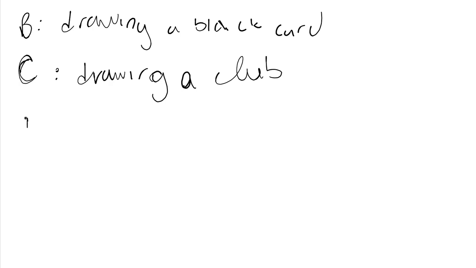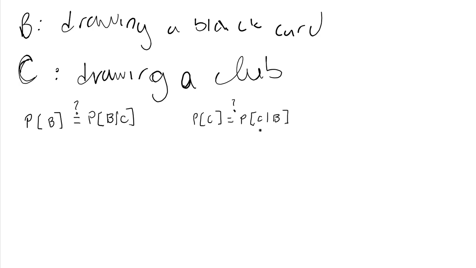What I want to check is whether P of B is equal to P of B given C. You could also do it the other way around: is the probability of drawing a club equal if drawing a black card happened first?